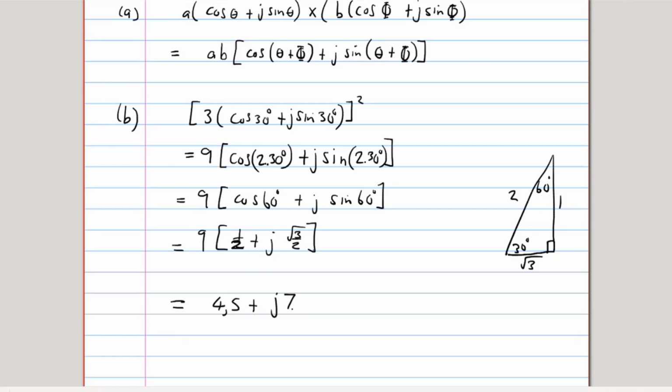So J 7.79. That's your result there, guys. The main point was that for this exponent, you square the modulus 3 to get 9, and inside, you multiply the angles by 2. That's all.